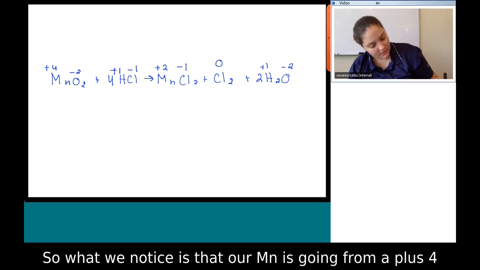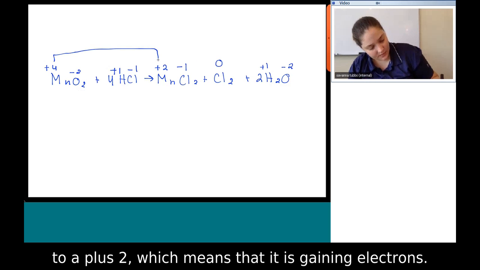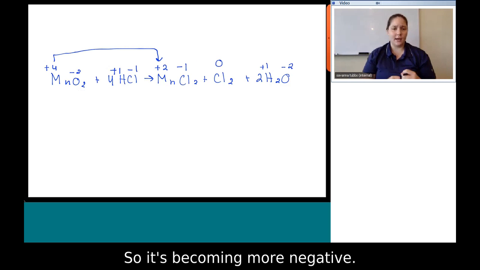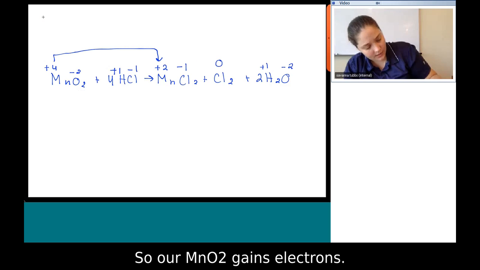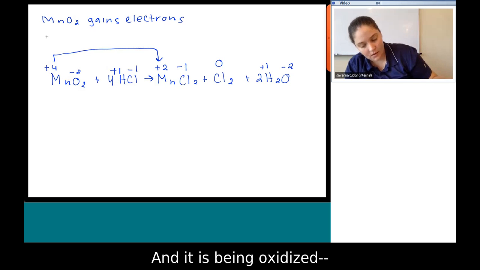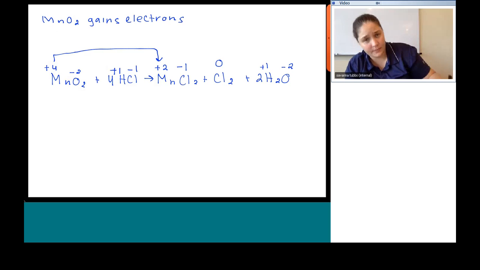What we notice is that our Mn is going from a +4 to a +2, which means that it is gaining electrons, so it's becoming more negative. So our MnO2 gains electrons, and it is being oxidized. Sorry, not oxidized, reduced.